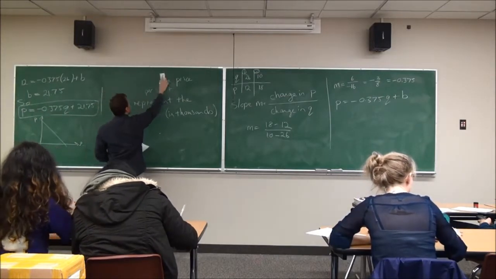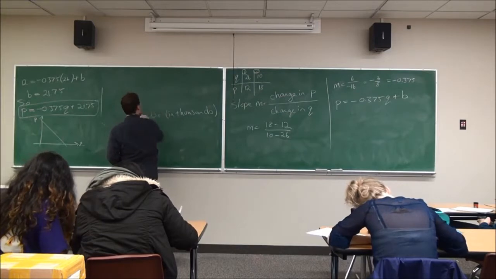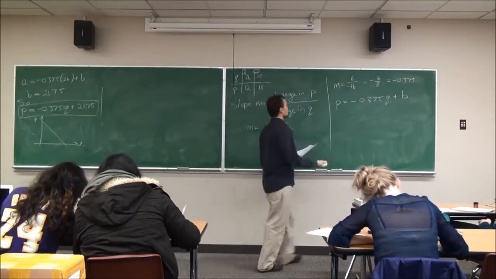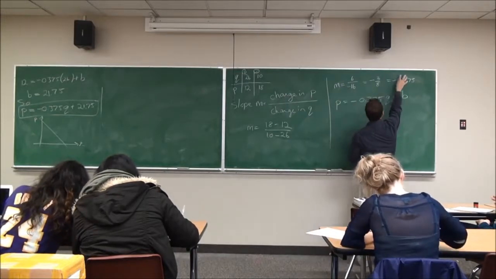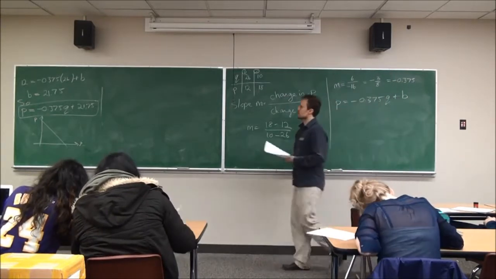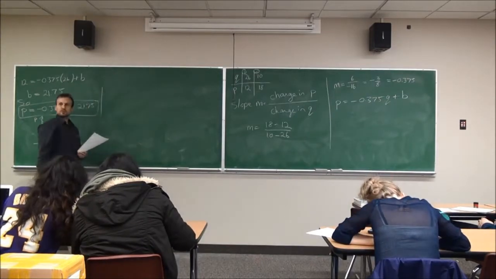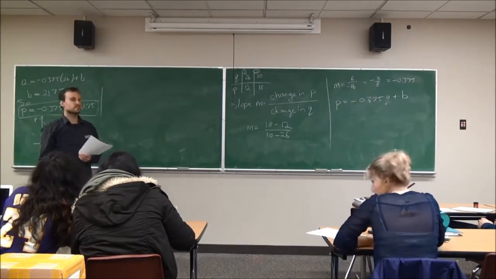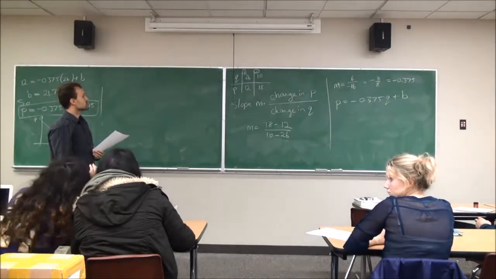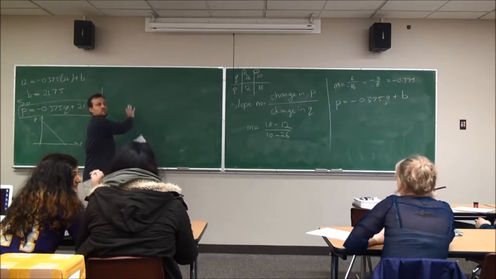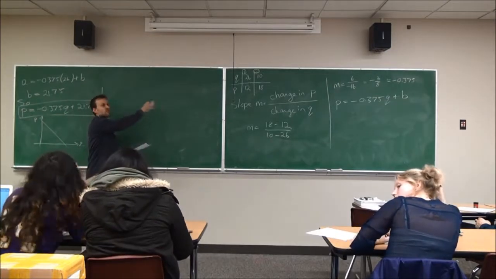Can we interpret the slope? Just a little, just at the end. Make sure we understand how to interpret the slope. For me personally, it doesn't matter which point you use. Question. Why is Q 26, not 26,000? I just defined it to be in thousands, just to make the number smaller.